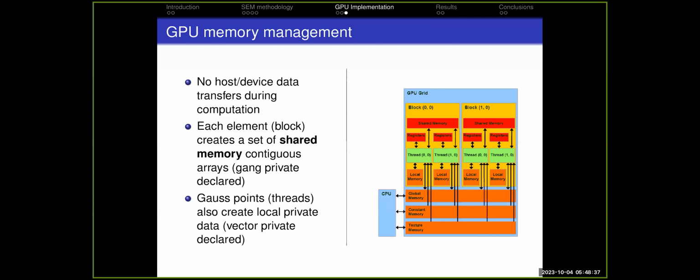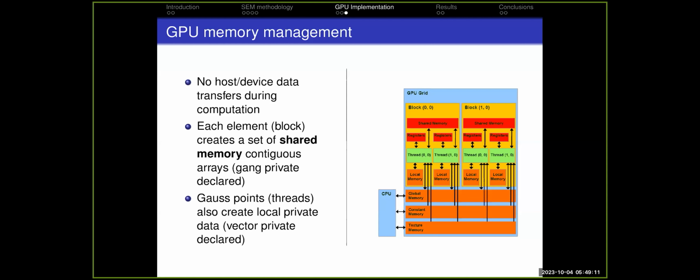So during the time steps of SOD2D, there are no host-device transfers unless we are doing output, in which case there are only device-to-host transfer operations. Essentially, this means that we are reusing information that's already on global memory of the GPU, which, as we all know, tends to be quite a problem for GPU codes. And we decided to handle it by simply not having it.